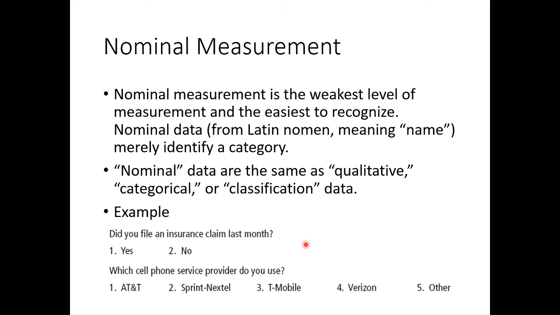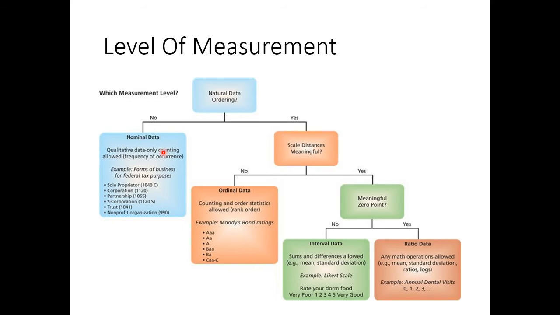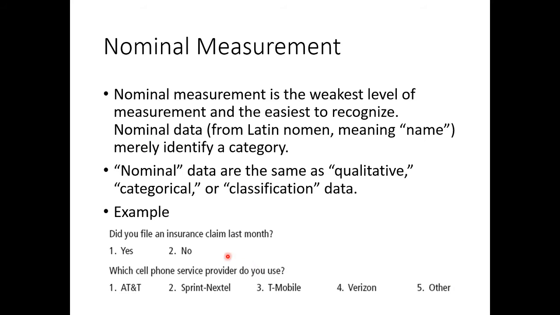Okay, let's study nominal, ordinal, interval, ratio data one by one. Nominal measurement is the weakest level of measurement and the easiest to recognize. Nominal data is just a name.